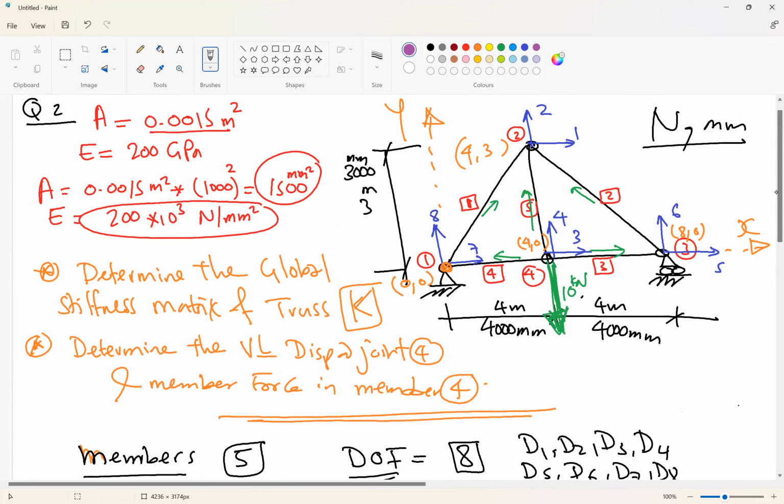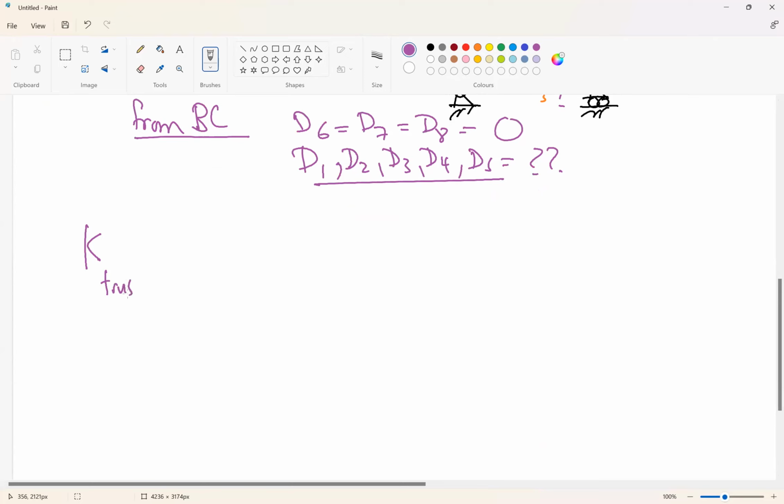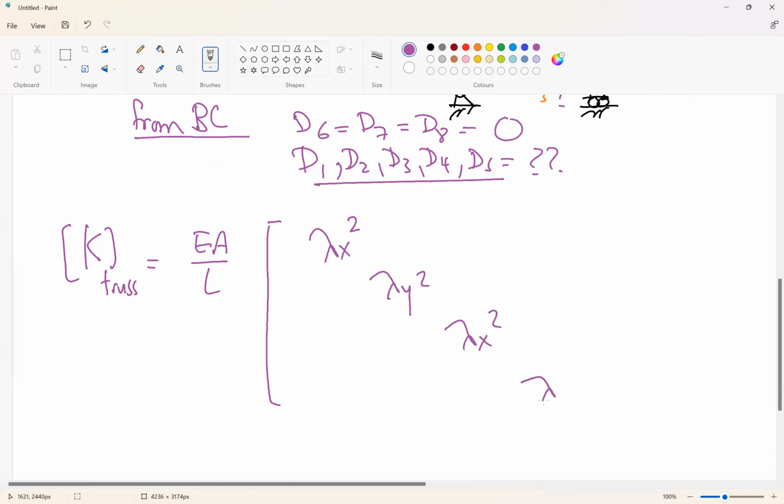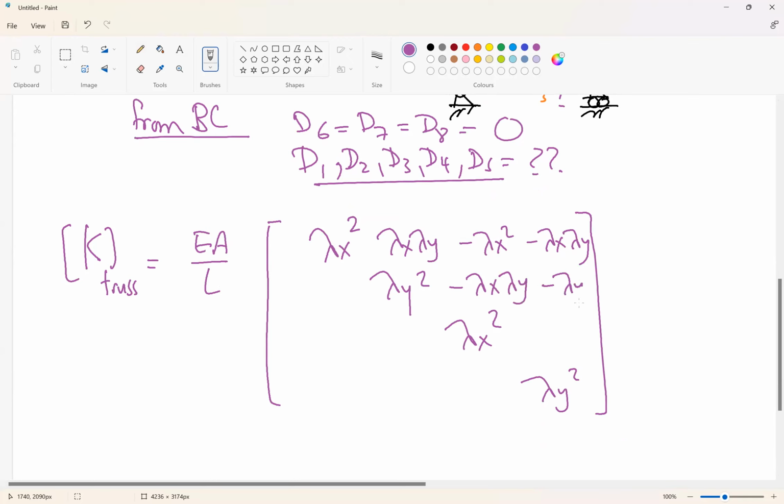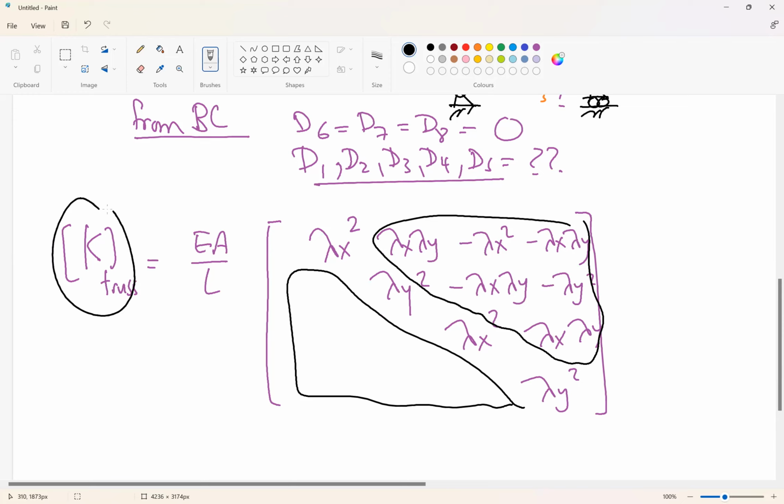Now, just a reminder that this is a truss element, so K truss, because this is what we are dealing with again: EA over L, the stiffness matrix of a truss, times lambda x squared, lambda x lambda y, negative lambda x squared, negative lambda x lambda y, then lambda y squared, negative lambda x lambda y, negative lambda y squared, lambda x squared, lambda x lambda y, and it is symmetric. So this is our truss stiffness matrix.